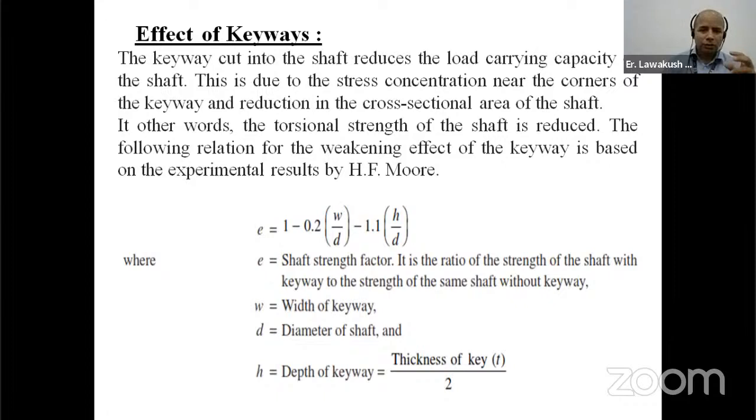Keyway is a particular slot which occurs half in the shaft and half in the pulley, and the whole portion is known as a keyway. The keyway is a particular slot in which we insert the key for the tight fitting of the shaft and pulley. Now we will see what the effect of keyway is.